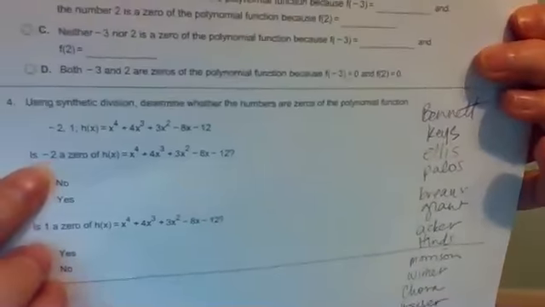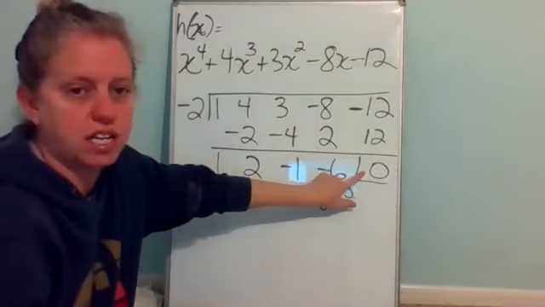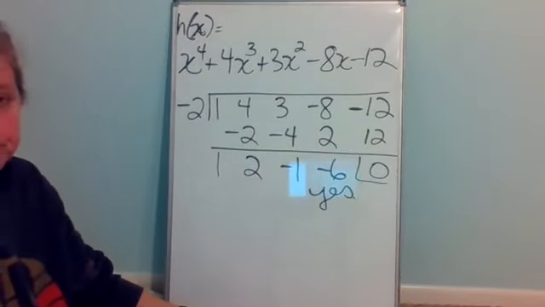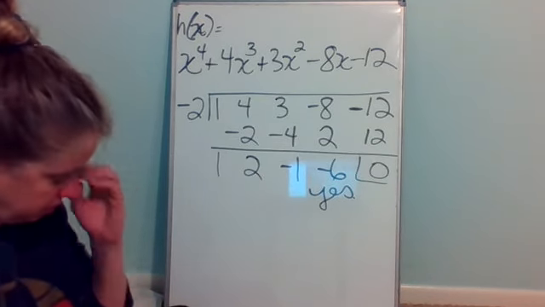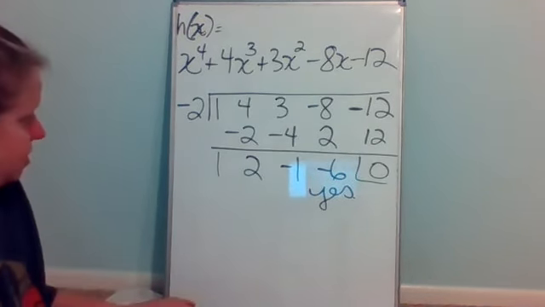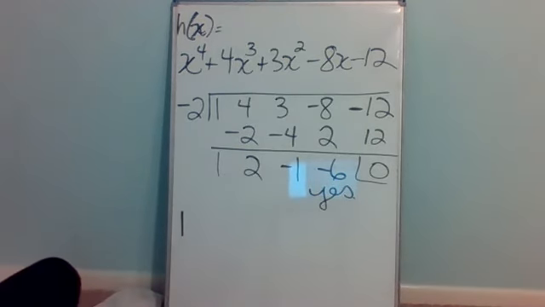So it's going to ask you, is negative 2 a 0? So you would answer yes, because your remainder ended up being a 0. And it also wants me to check positive 1.